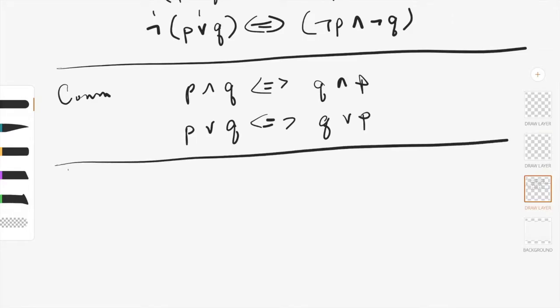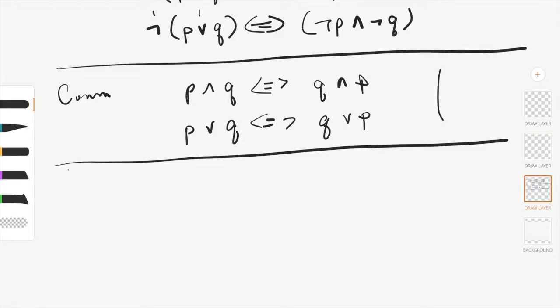It might seem like we want to add a few more operators to commutation, which is really just changing the order. But you try this for yourself. Do a truth table with what looks like commutation on material implication and see what you get.